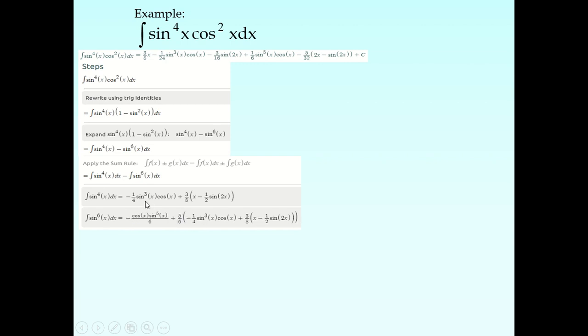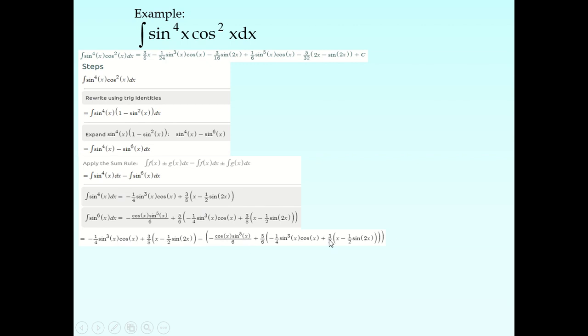After getting this result, we have to substitute it here. After substituting, we get this, which is for the first term. Then minus the result of the second term, which is equal to this one, then substitute it here.